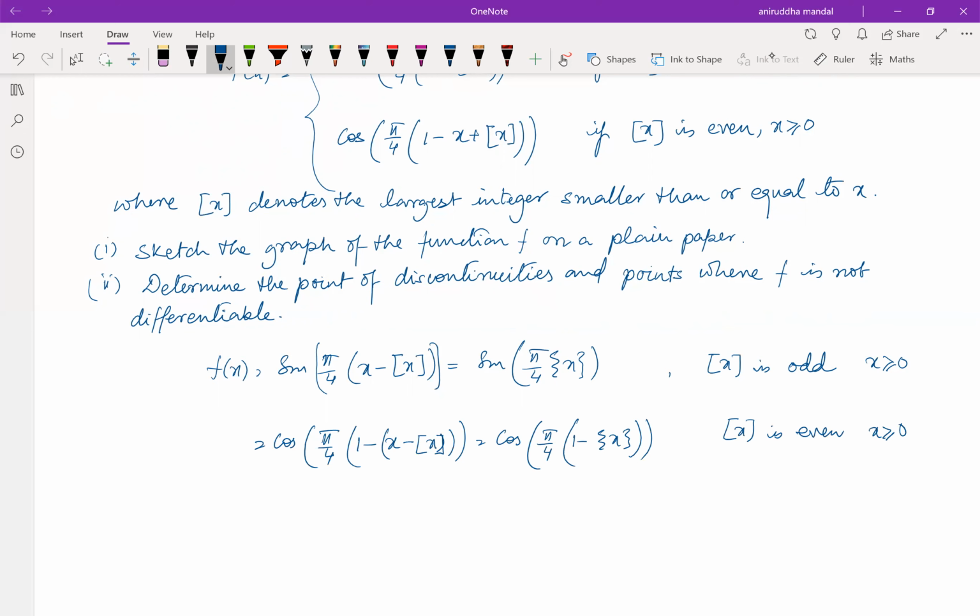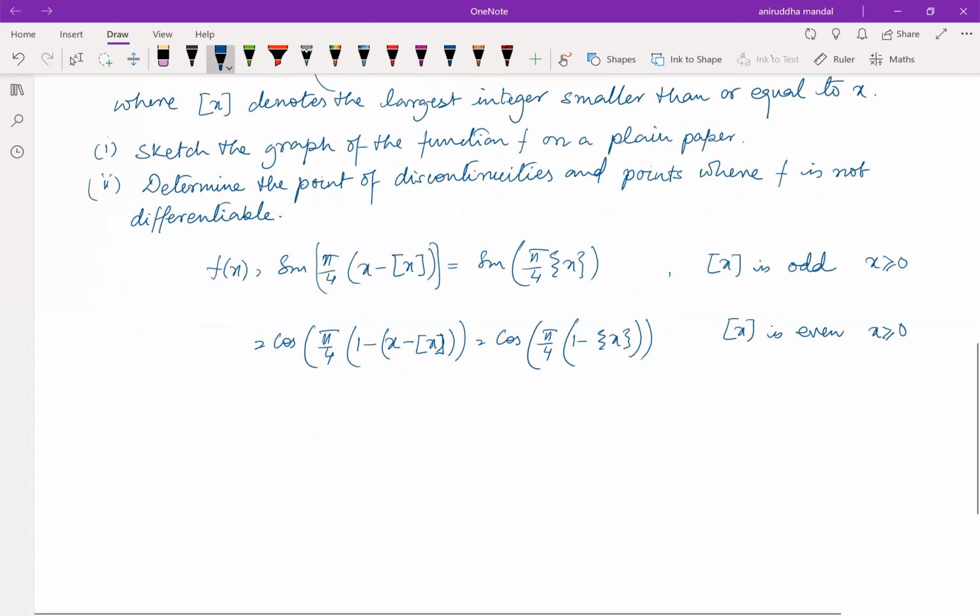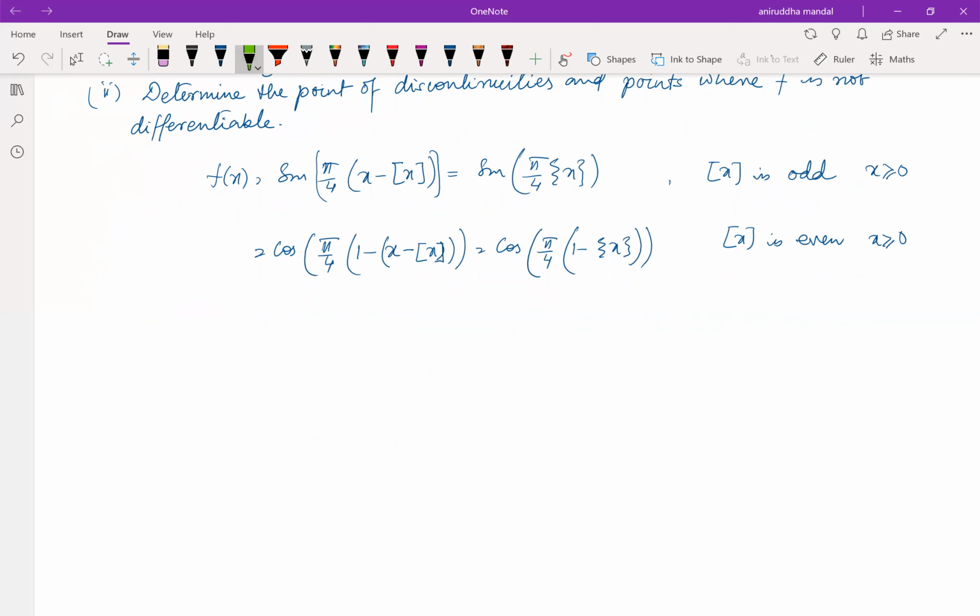Now just to remind you, if we plot the fractional part of x, we are plotting only for x greater than 0. So this is 0, 1, 2, 3, 4. In between 0 and 1 our fractional part is this line, so this is the y equal to x line.